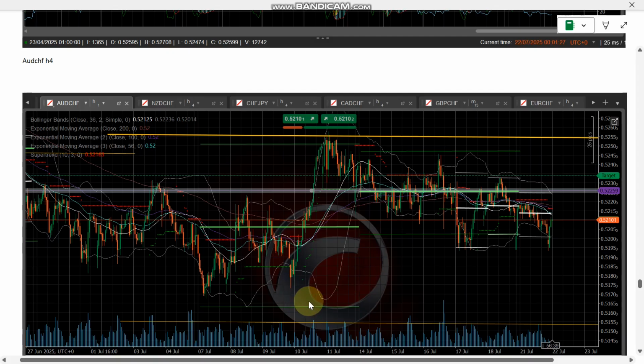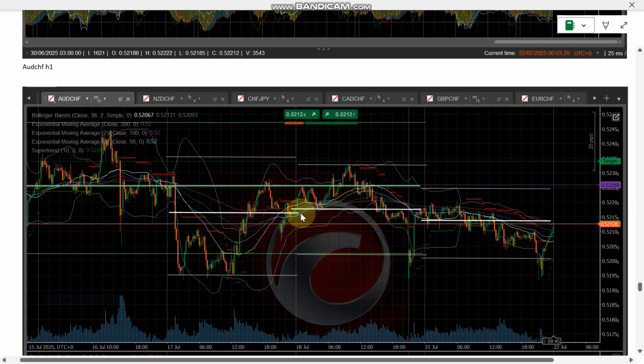They need to take a stop hunt here and no direction. Not just yet. Aussie Swiss franc 15 minutes. At this hour closing market, they're going back up to the center line of the 1 hour for a whole day.